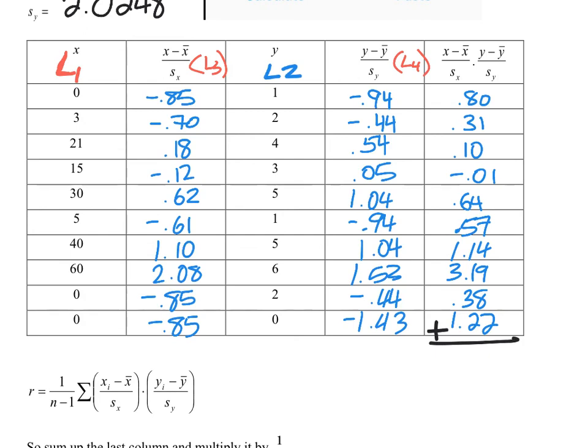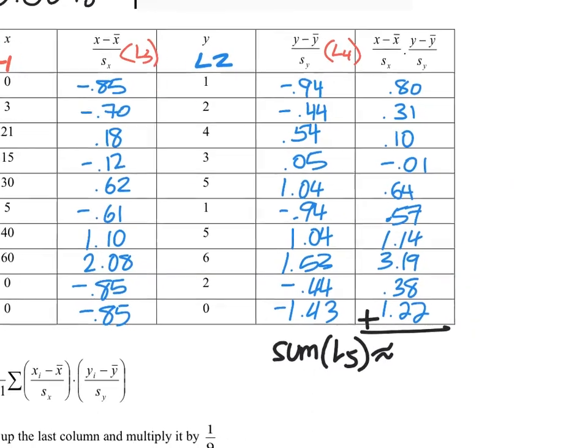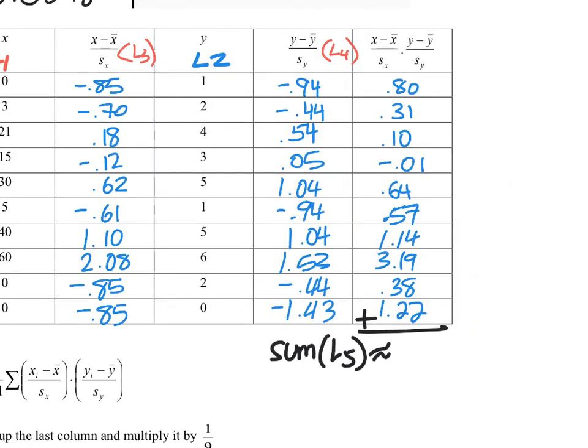All that information was stored into L5, so we're going to find the sum of L5, which is about 8.332. Again, still not overly concerned with rounding.